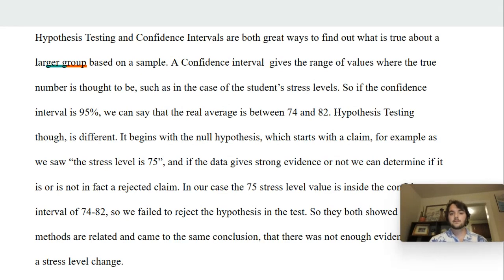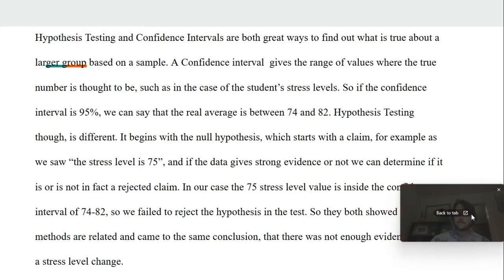A confidence interval gives the range of values where the true number is thought to be, such as in the case of the students' stress levels. So if the confidence interval is 95%, we can say that the real average lies somewhere between 74 and 82. So 75, 76, 77, 78, 79, 80, 81. And it's in there, we know, 95% true.